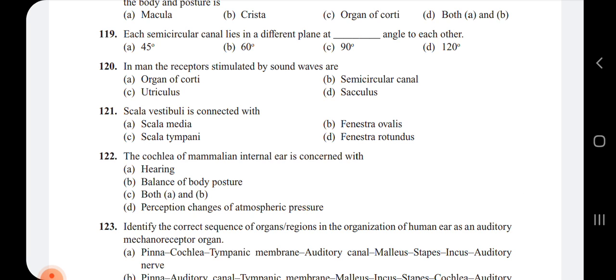Next question, scala vestibuli is connected with the scala tympani. Next question, the cochlea of the mammalian internal ear is concerned only with hearing, whereas the crista and macula are responsible for maintenance of the body and posture.